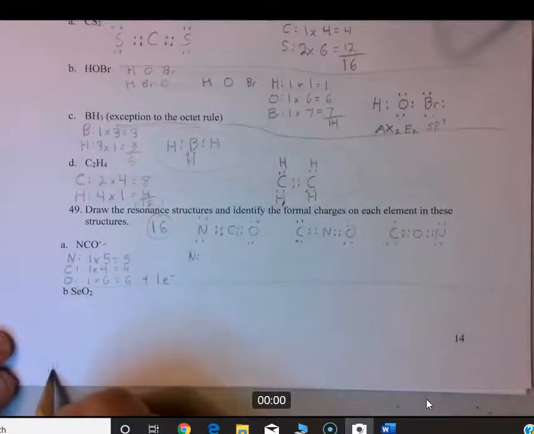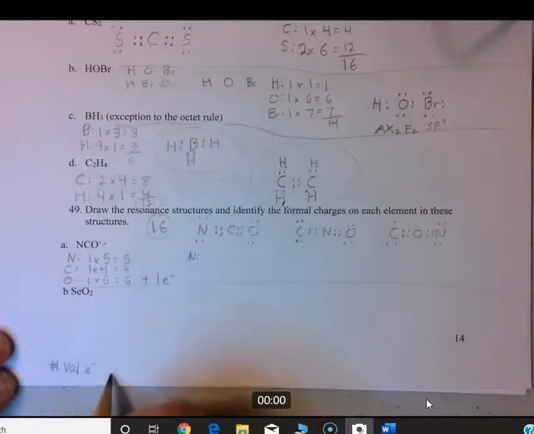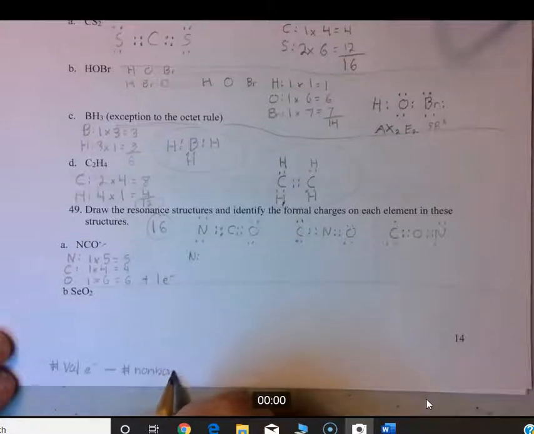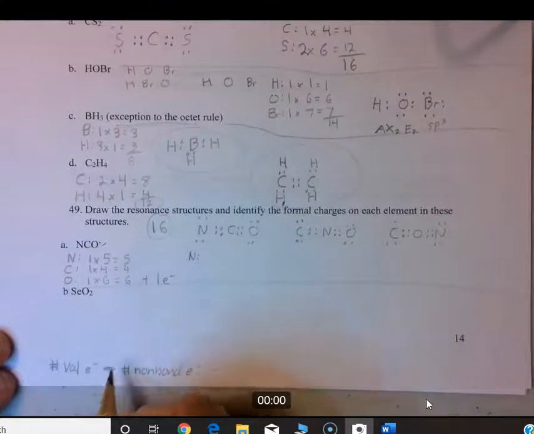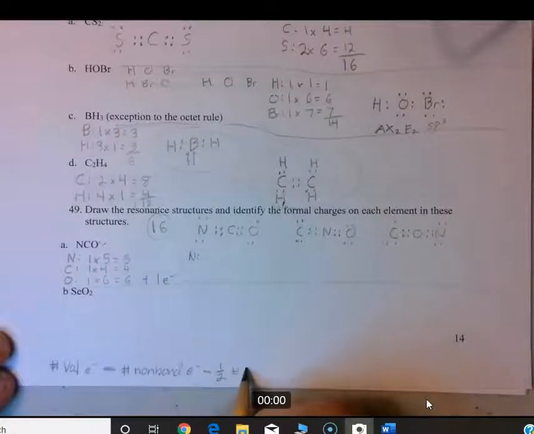So it's going to be the number of valence electrons for that specific element minus the number of non-bonding electrons, not of lone pairs, but of the total number of electrons, minus 1/2 the number of bonding electrons. Okay, and that will give us the formal charge.